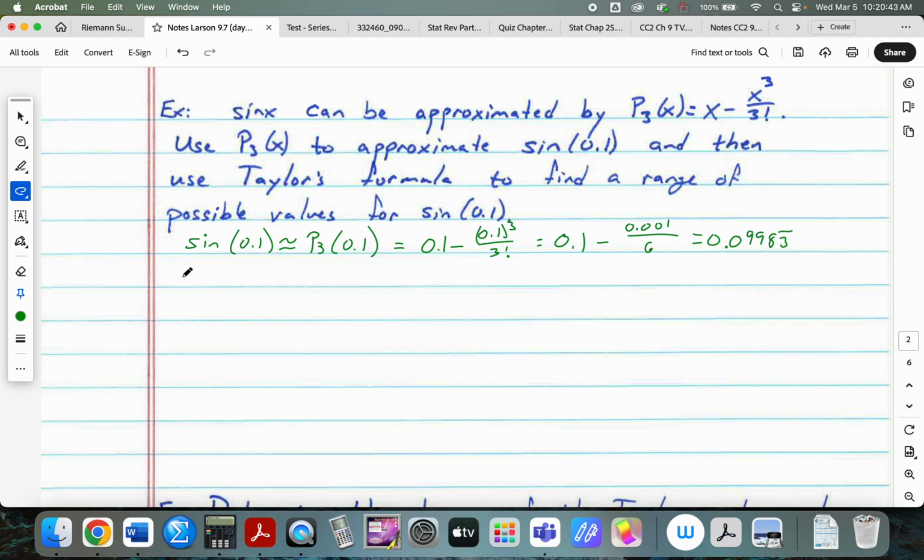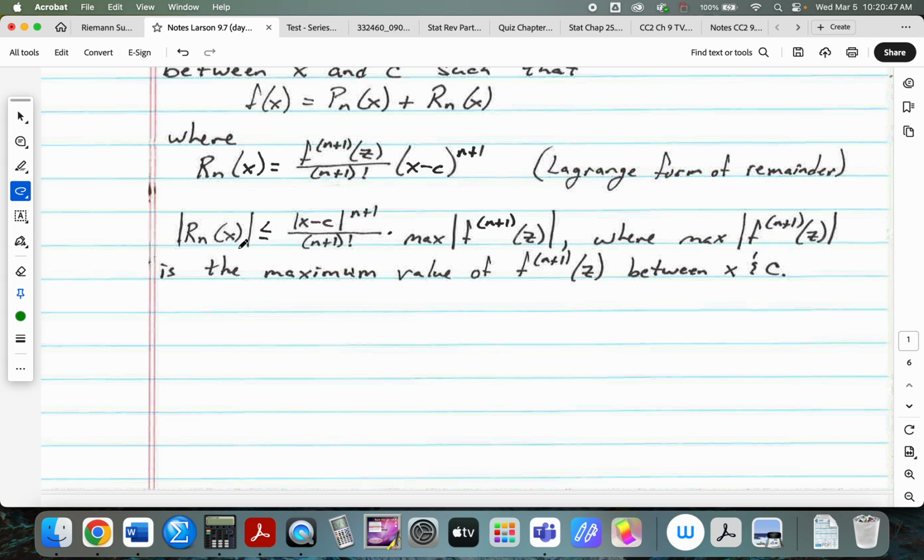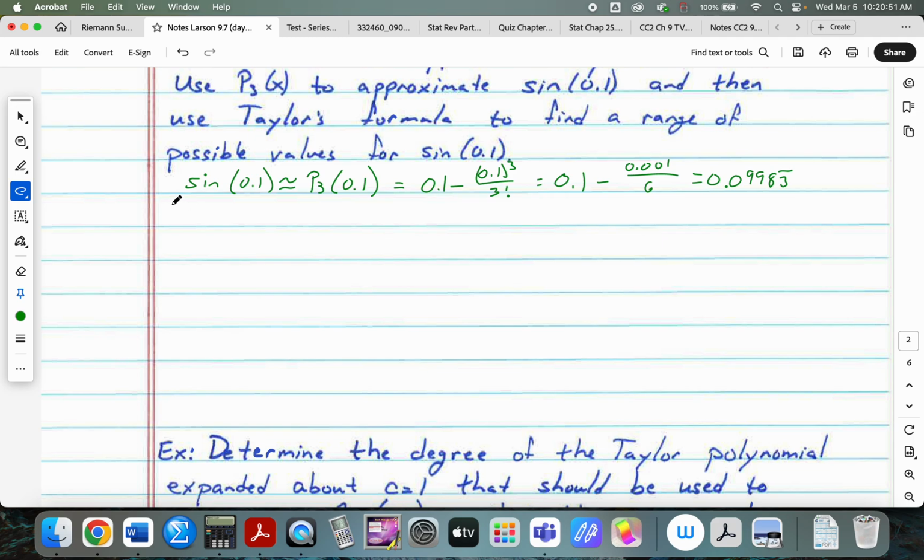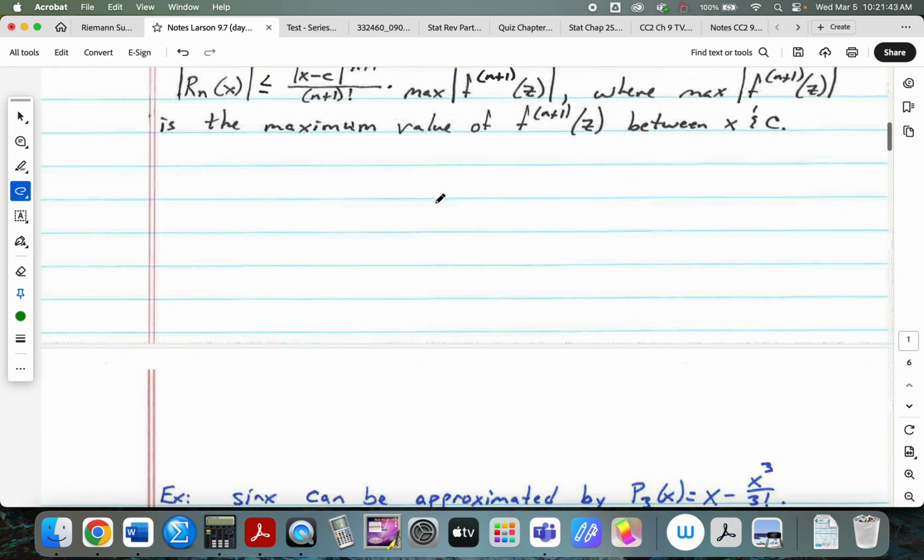Okay, so what I'm going to do is go back up here and say, okay, the absolute value of the remainder, so the absolute value of r sub 3, because we're using a third degree polynomial, of x is going to be less than or equal to the maximum value of the fourth derivative of sine of x, so I'm going to say just the fourth derivative, over 4 factorial times the absolute value of x minus c to the n plus 1.